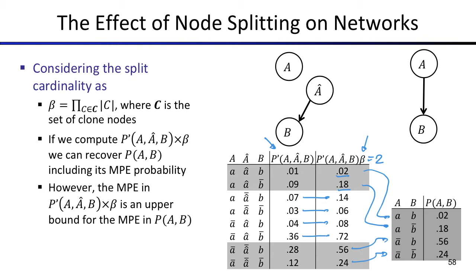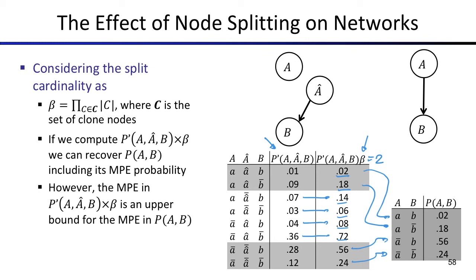Now, let's suppose that we compute the MPE. So we're going to eliminate the variable A hat by doing the process of maximizing out the variable. So what's going to happen is very simple. Sometimes these values here are larger than the values that we have in the other rows. So in this case, we're going to take a larger value, substitute by the true probabilities, and we have this upper bound.